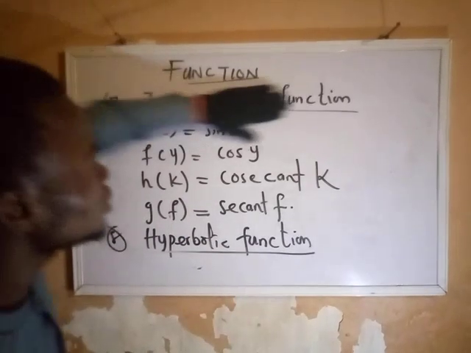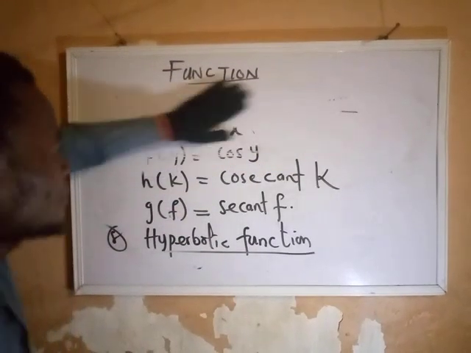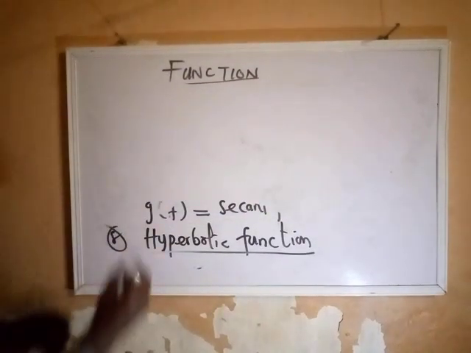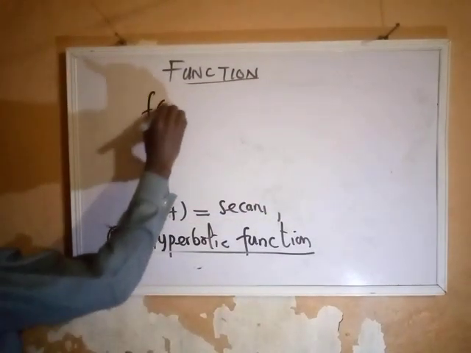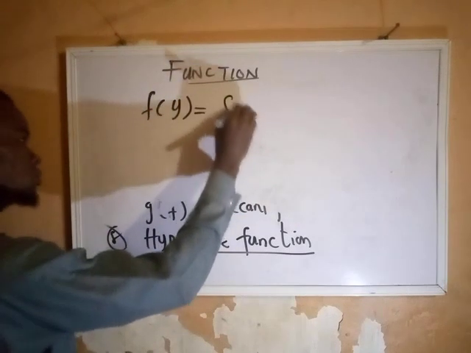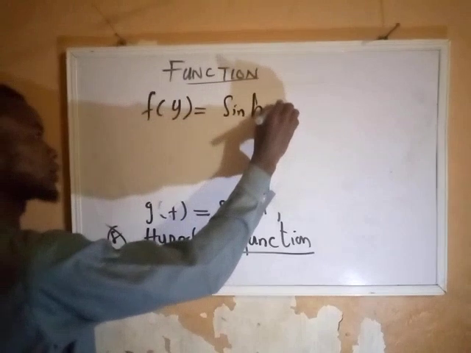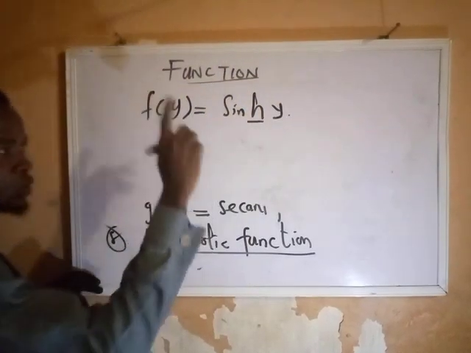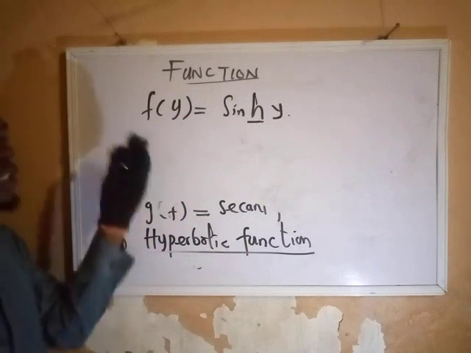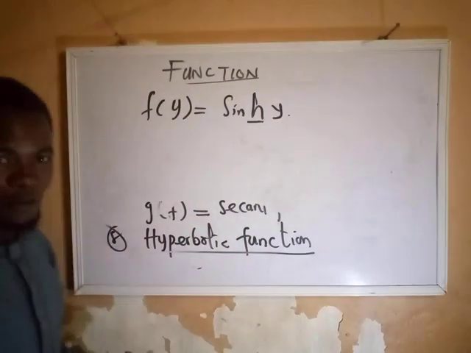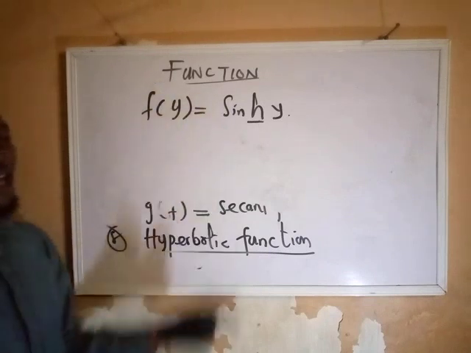So for example, on a hyperbolic function, let's say you have f of y equals sinh y. You see what I mean? We have another value here, which is h. That h makes this function hyperbolic. So we hype it, from the word hype, we hype this particular function.